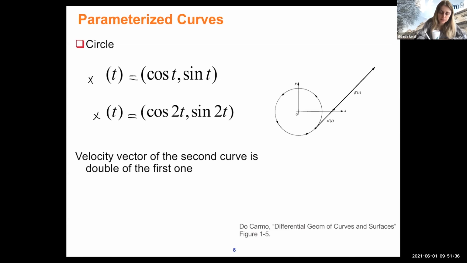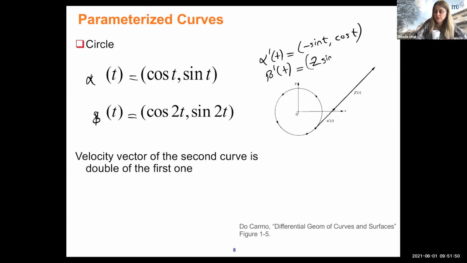So this was alpha, this was beta. Alpha prime of t was really minus sine t, cosine t. Beta prime of t was minus 2 sine t, 2 cosine t. You see, this is what we call the tangent vector to the curve.